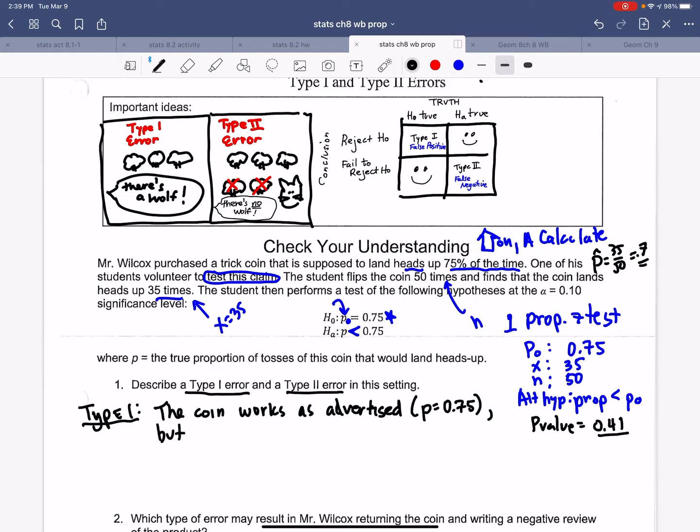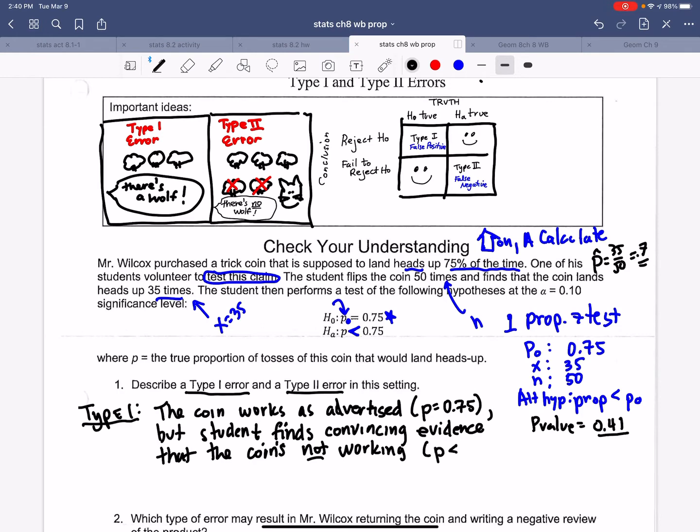But the student, not in our instance, but let's imagine the student does find convincing evidence that the coin is not working. So they find evidence that P is less than 0.75. This would happen if you got a p-value less than alpha.